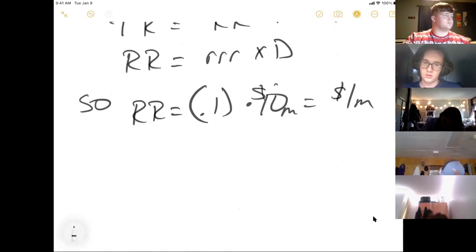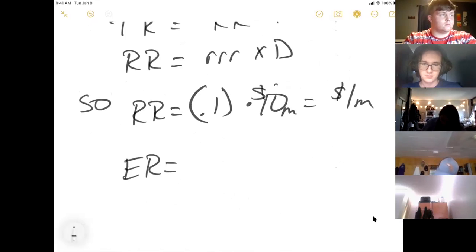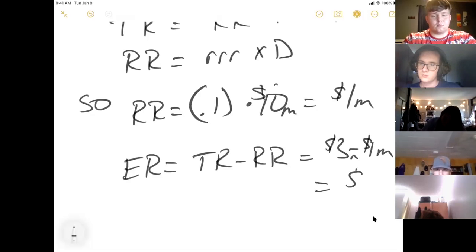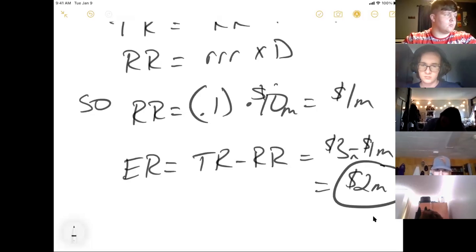Then the excess reserves are total reserves minus required reserves, $2 million. That's the amount of new loans that this bank could make, up to $2 million.